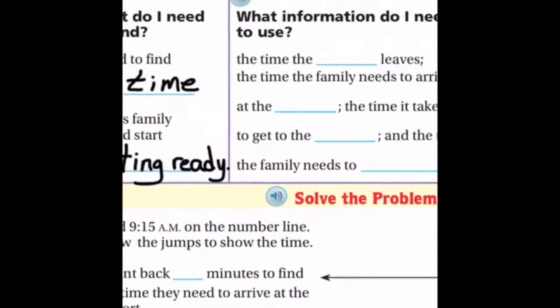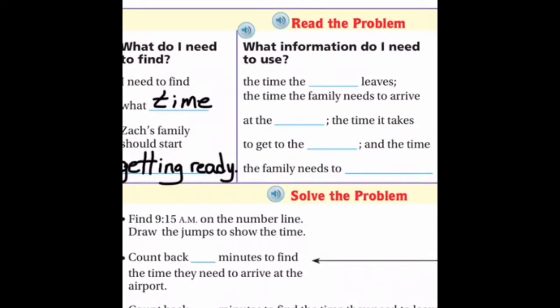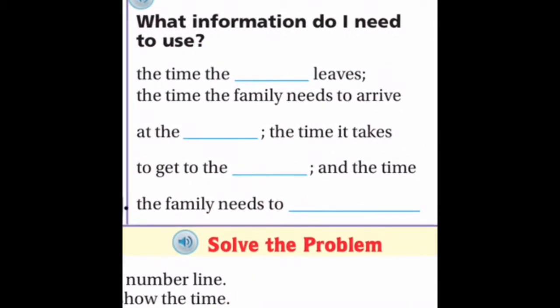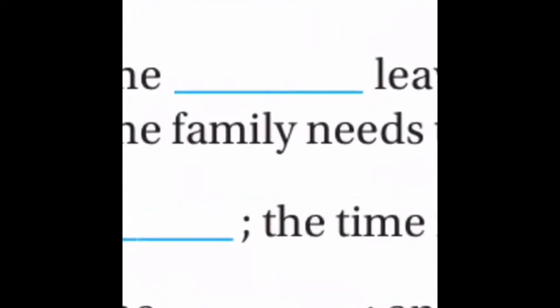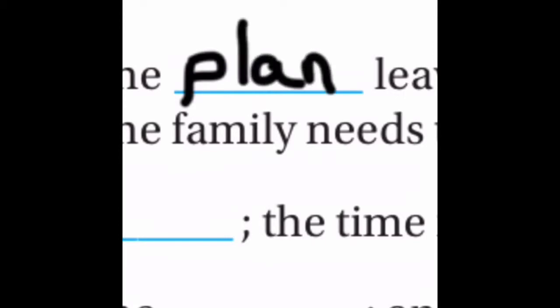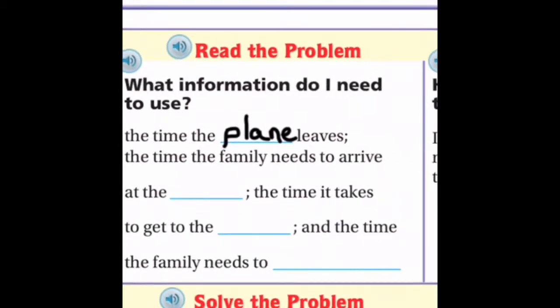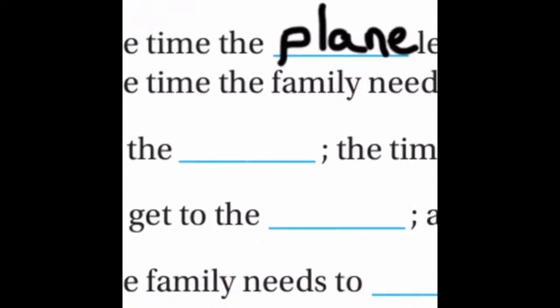Okay. What information do I need to use? The time the plane leaves, we need to be able to use that. The time the family needs to arrive at the airport, airport is A-I-R-P-O-R-T.